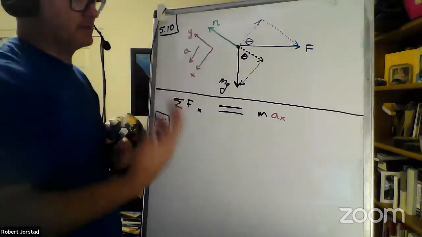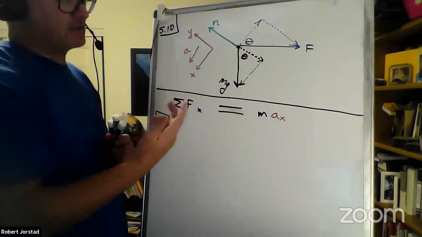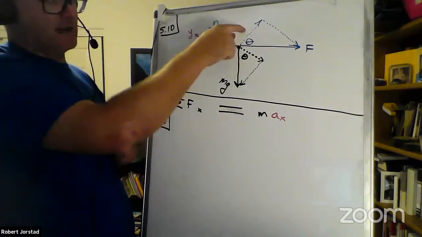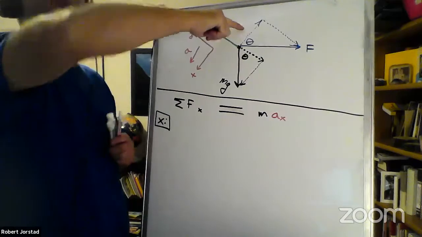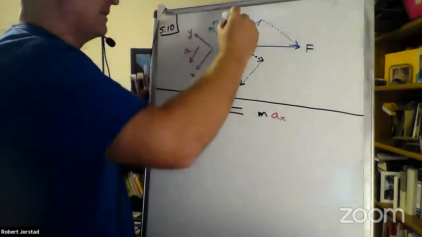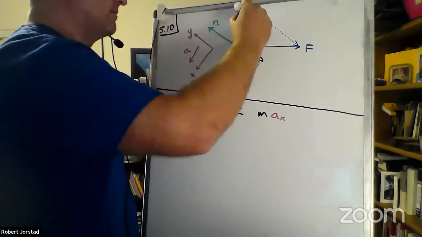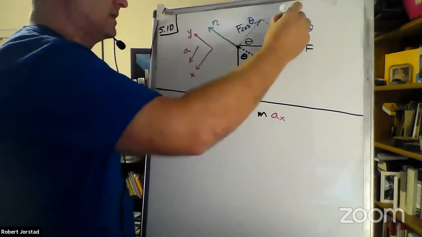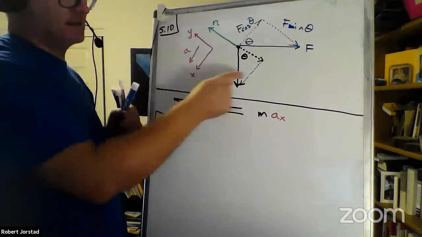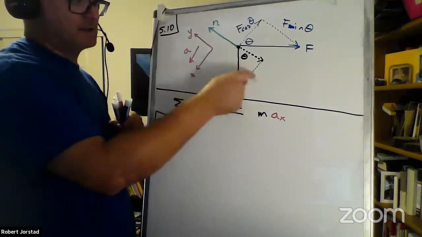Oh, I didn't label them, did I? Okay, let's just go through. What's this arrow right here? Is it F cosine or F sine? F cosine. F cos, and then we're on our way, right? And then let's get this one right. In this case, this one is sine. Okay.